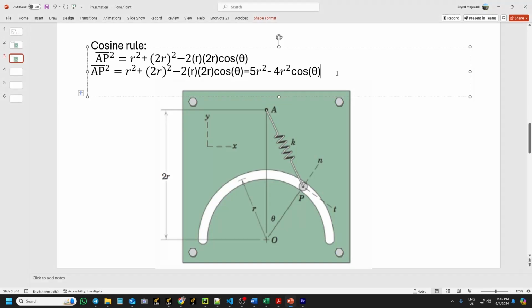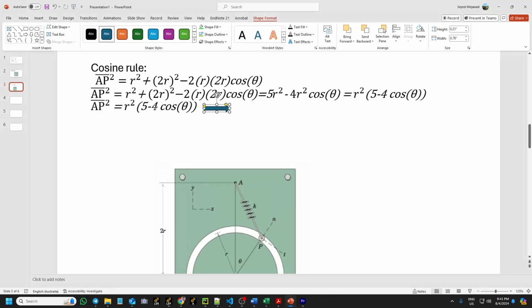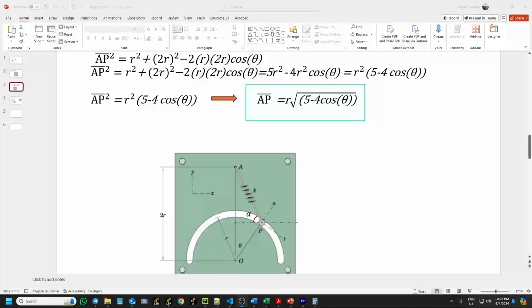So r squared times the parentheses, 5 minus 4 cos theta. If we now take the square root from both sides, AP equals r times the square root of 5 minus 4 cos theta. Here I should remove the r and it will look like this.